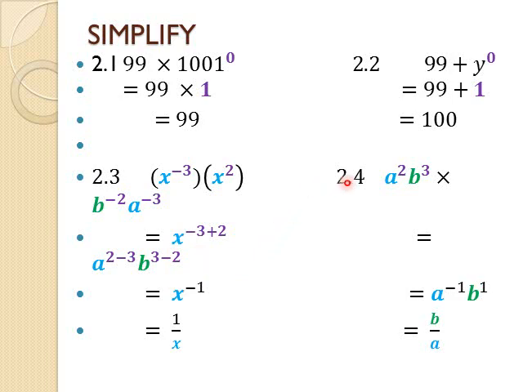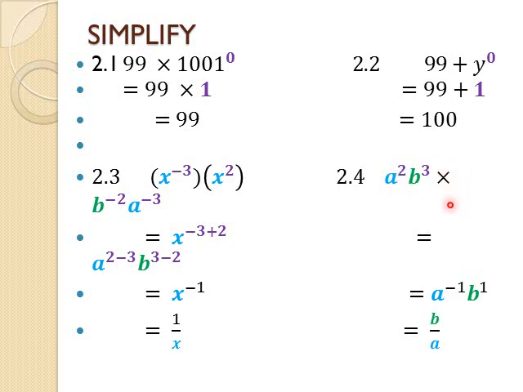Look at 2.4. I have a squared b cubed times b to the negative 2, a to the negative 3. Bases are the same. You see there a. I'm multiplying, so therefore I add the exponents. That becomes 2 minus 3. Base b are the same. I'm multiplying, so therefore add the exponents.